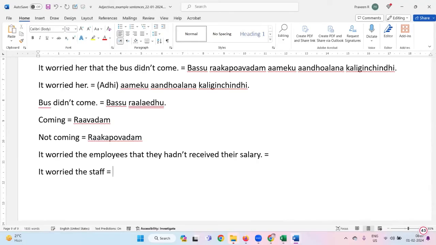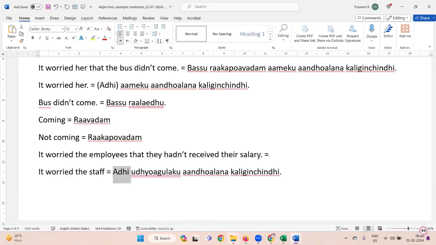So ఉద్యోగులకు ఆందోళన కలిగించింది. అది ఉద్యోగులకు ఆందోళన కలిగించింది.